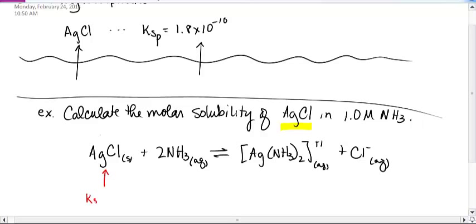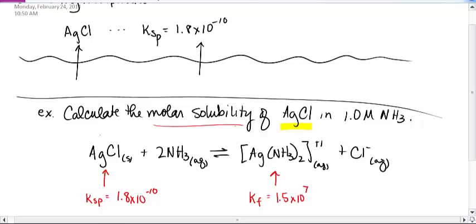But that's a solid, and it has a Ksp associated with it, the new revised one, which I'm going to use for this particular one. And this diammine silver ion, you don't have to name it, don't worry, has a Kf, or formation equilibrium constant, of 1.5 times 10 to the 7th. It's large because it's a complex ion.